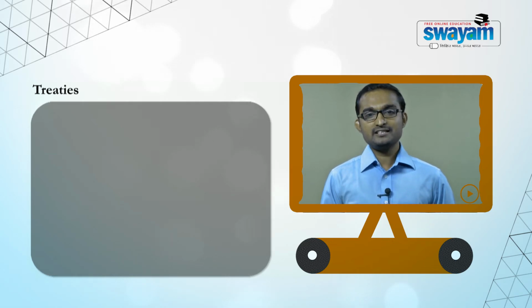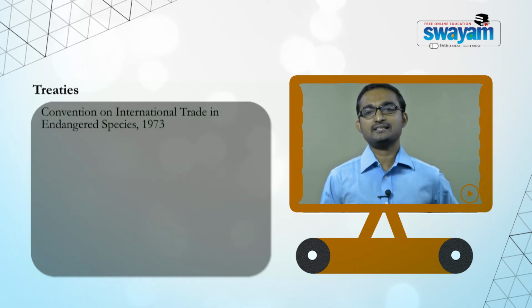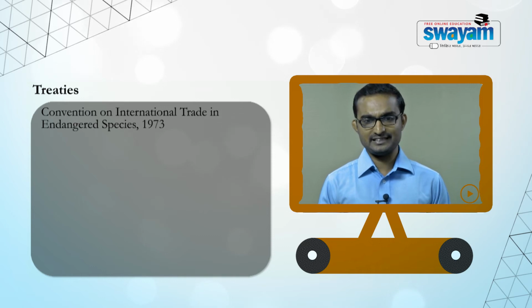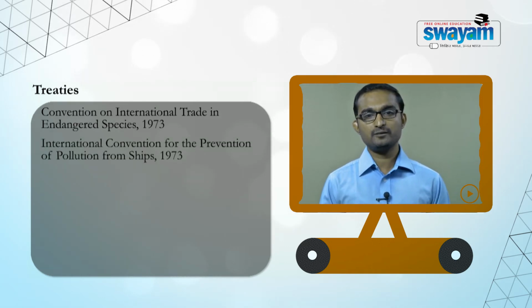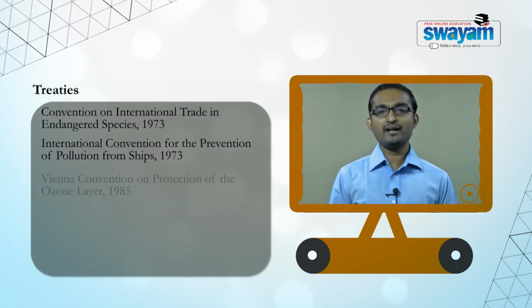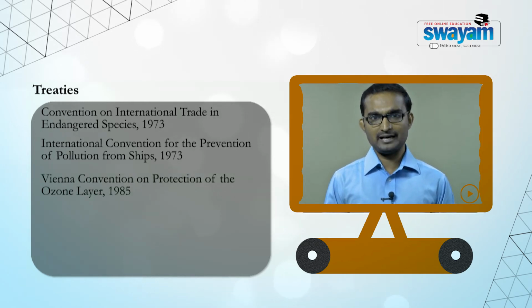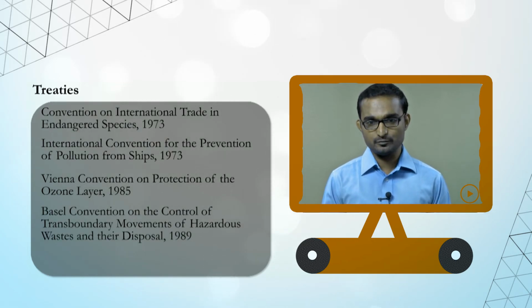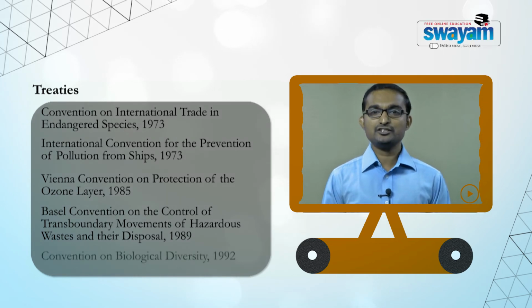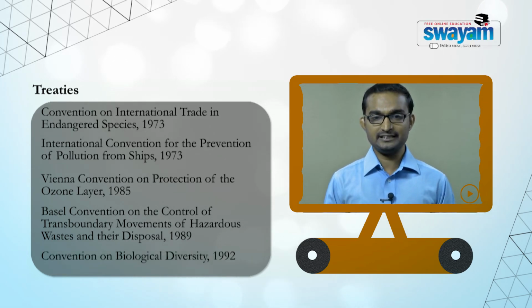For example, there is the Convention on International Trade in Endangered Species 1973, International Convention for the Prevention of Pollution from Ships 1973, Vienna Convention on Protection of the Ozone Layer 1985, Basel Convention on the Control of Transboundary Movements of Hazardous Wastes and Their Disposal 1989, Convention on Biological Diversity 1992.